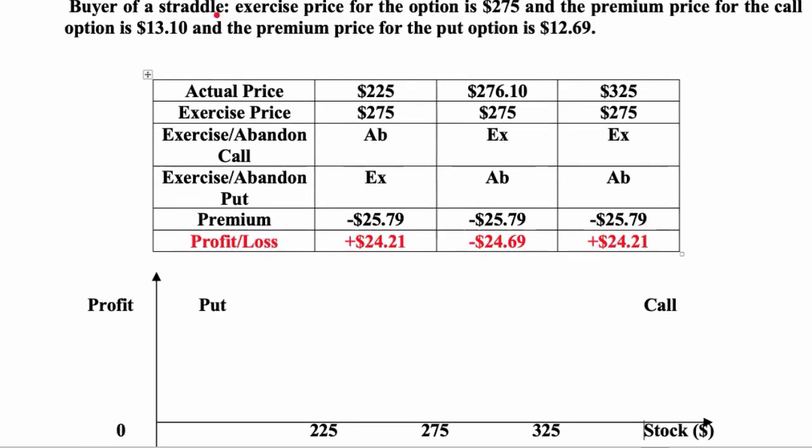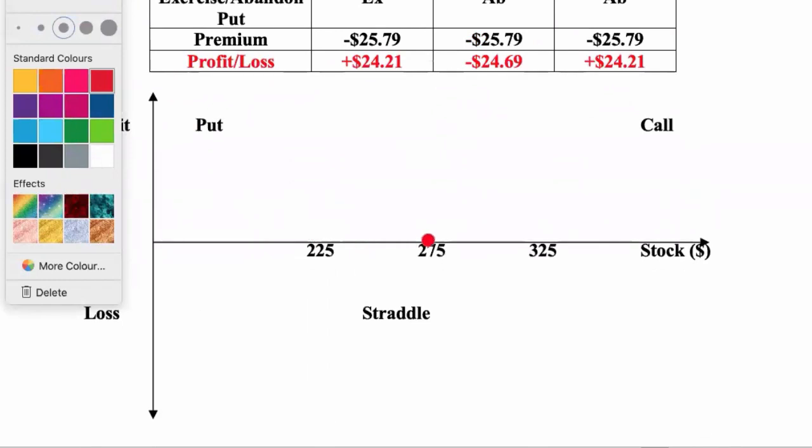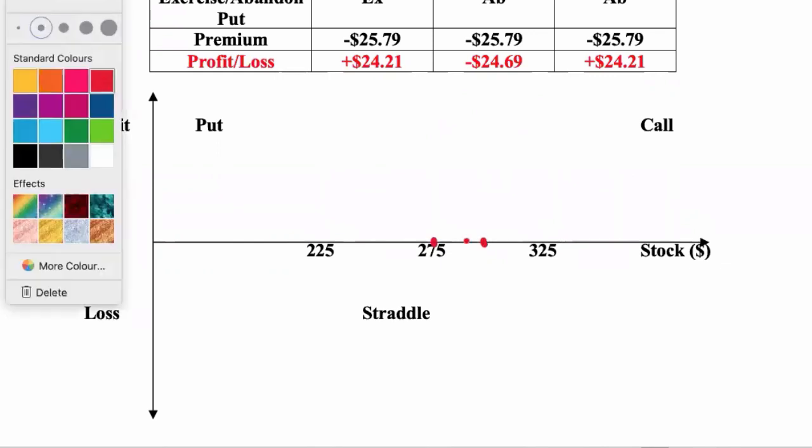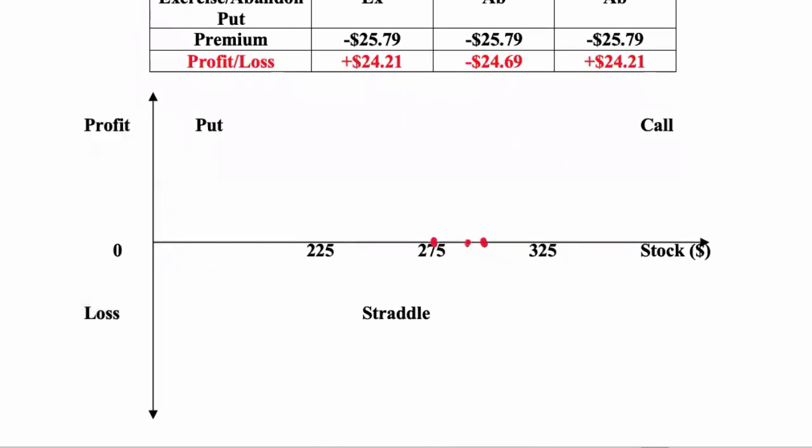My call option premium is here, 13.10. So from my exercise price and the 13.10, I'm going to mark off my break even. We already calculated that in the very first diagram, but just to recap, 275 plus my 13.10 is 283.10. There's 300 here, so 283.10 looks around here.